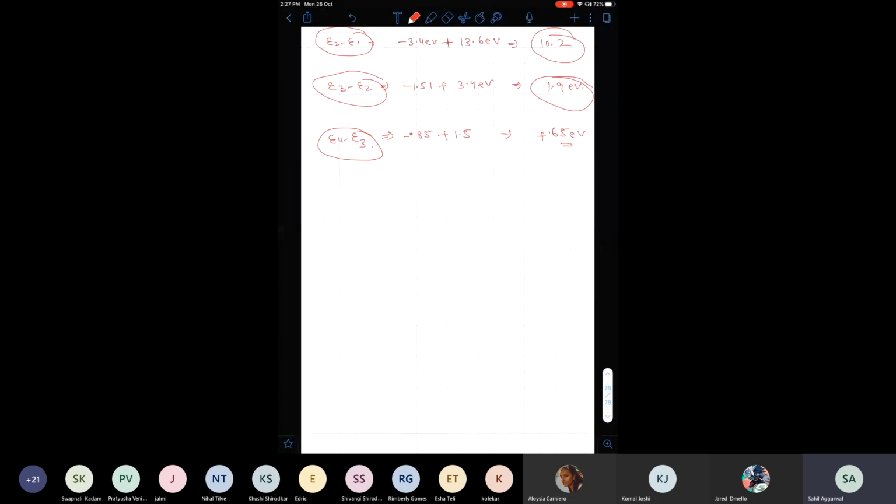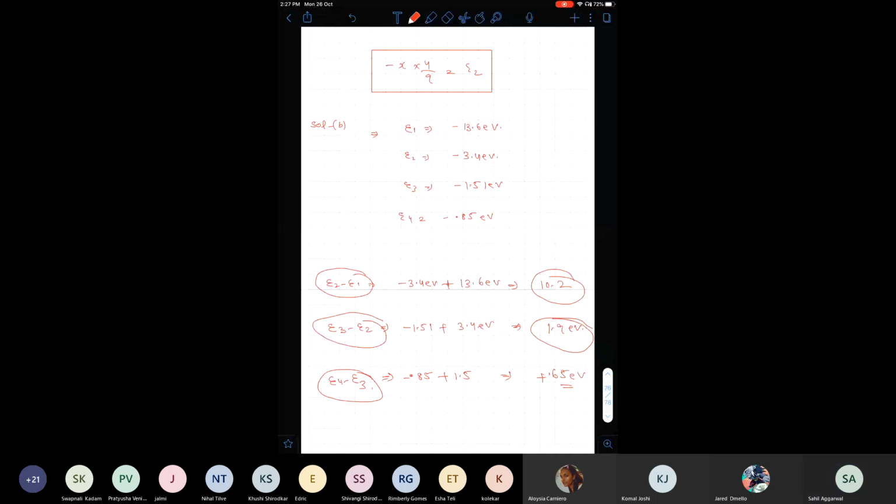S block, P block, D block, F block, all based on quantum number. So please take the notes and complete that. Understood? Okay, if you're not getting notes, then let me know. I'll put this PDF on the post.